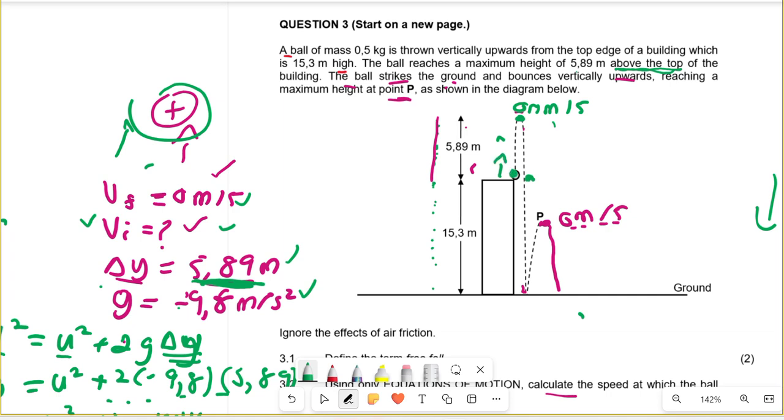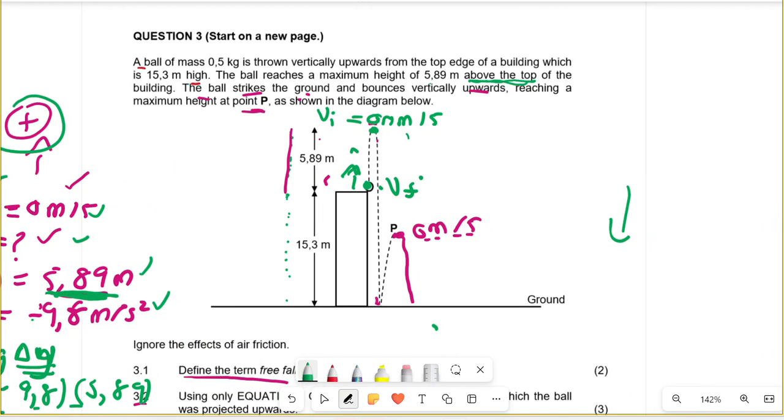So how you could also have approached the problem is to take this as your initial velocity, and then this as your final velocity. That's the velocity you're looking for, and whatever answer you find is the velocity at which the ball was shot up. Same thing. Do you guys see what I mean? Then how you calculate it, you just use the same method.